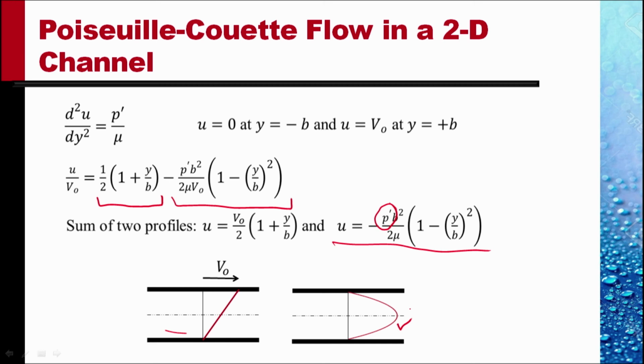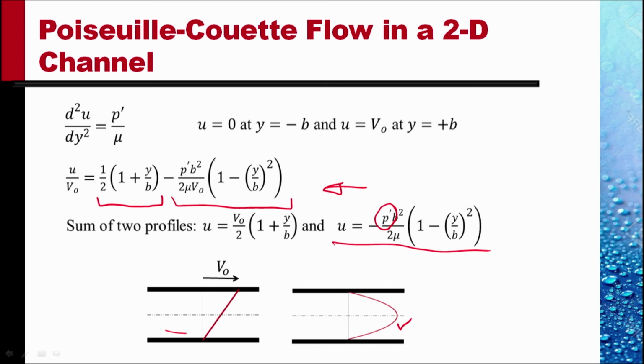The velocity profile here is the combination of the two, depending upon the various values of P prime and V naught. We can have different profiles.